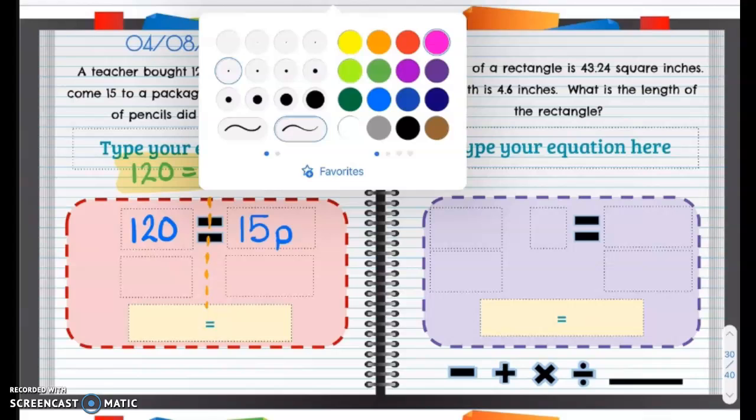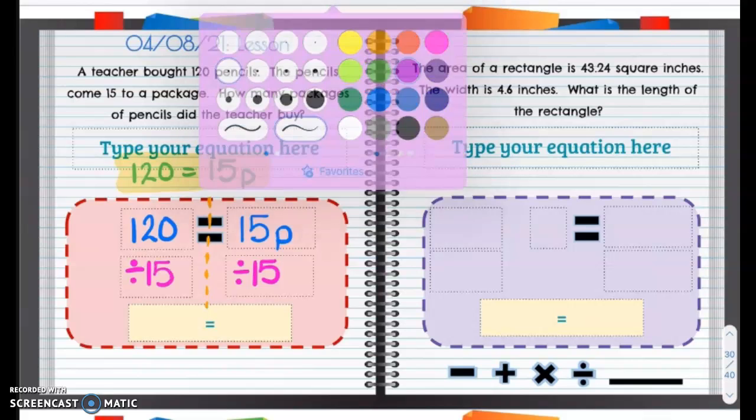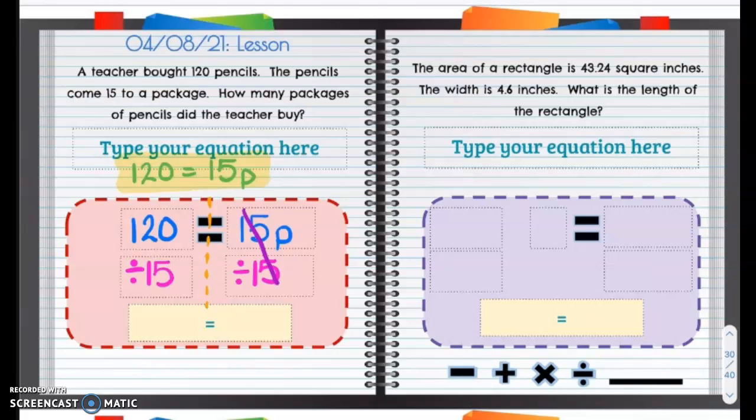So we're going to divide both sides by 15. 15 divided by 15 equals 1, so we're left with one P. On the other side, 120 divided by 15 gives you 8. So there will be 8 packages.